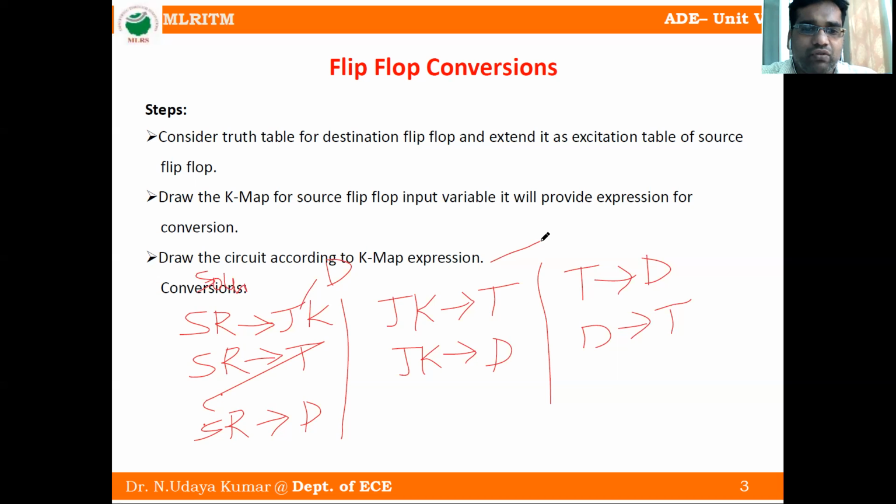Now we will see the first one, SR to JK flip-flop. That means we have an SR flip-flop available now and we want to convert it to a JK flip-flop.